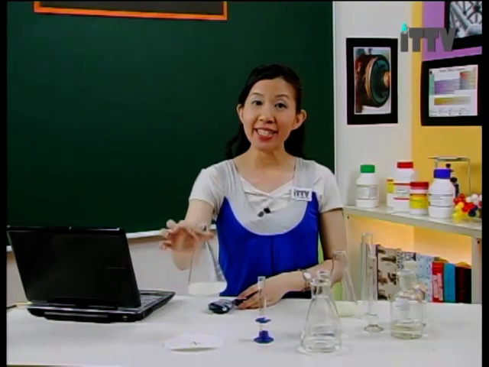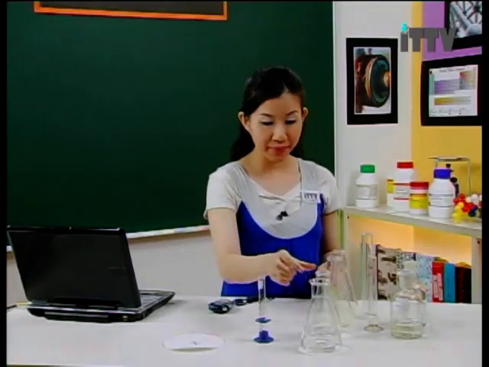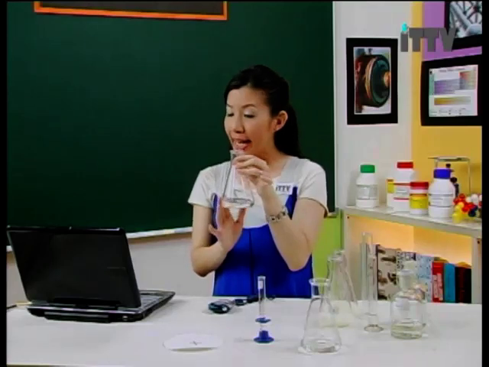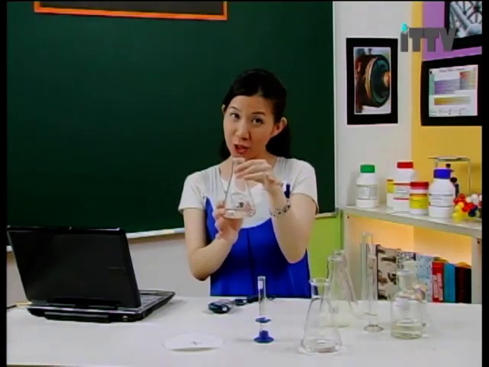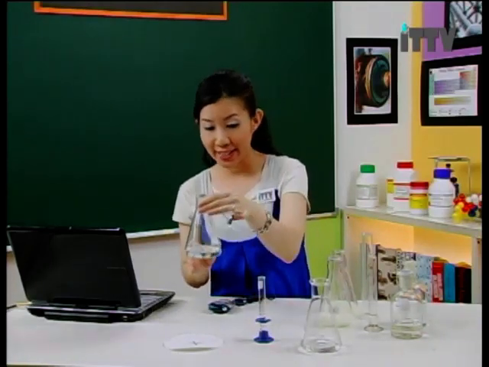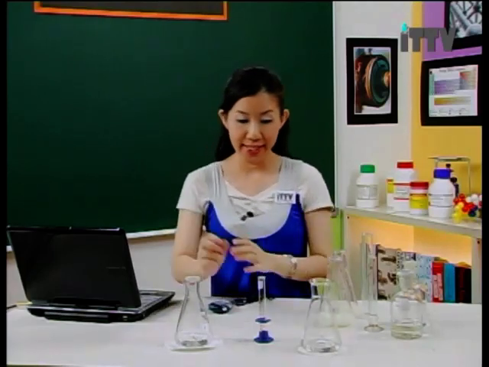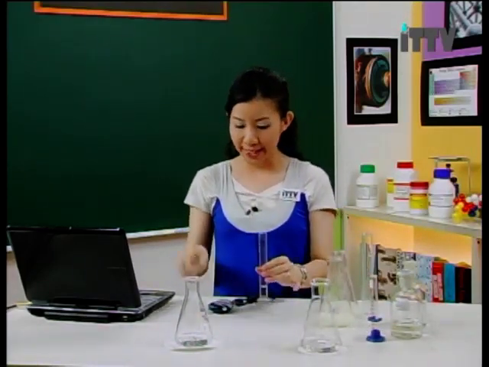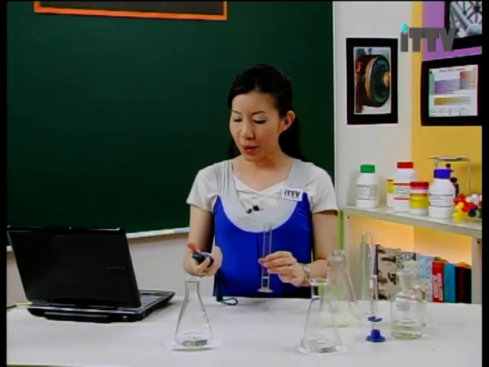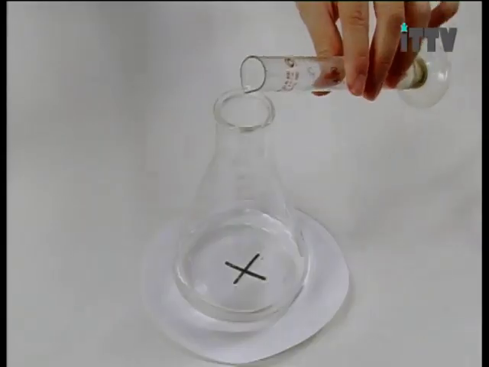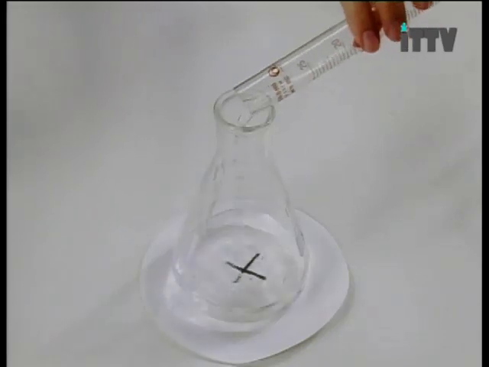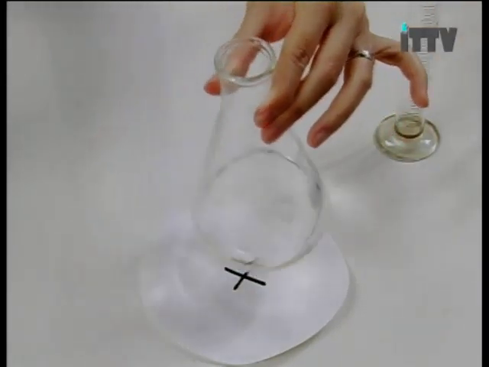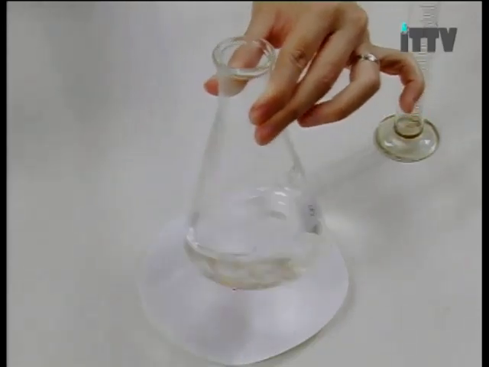Okay, let's start with the third experiment. The third experiment contains an even more diluted concentration of sodium thiosulfate. So I'll put it on the cross, and I'll add another 5 ml of hydrochloric acid. I'll reset the stopwatch, and now here goes. I start the stopwatch, and I start to swirl.